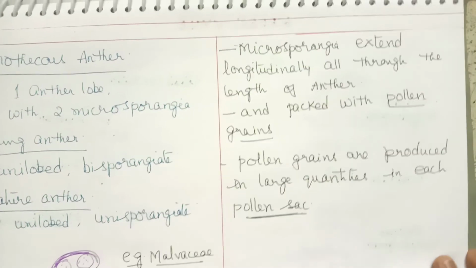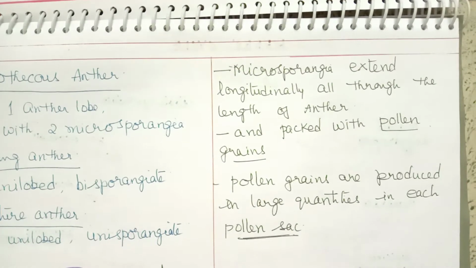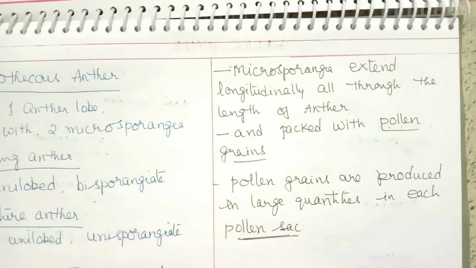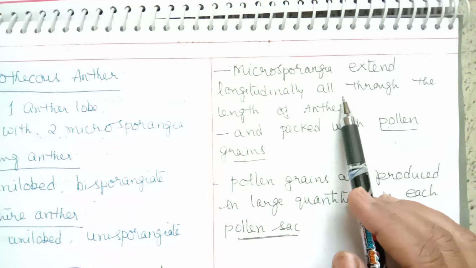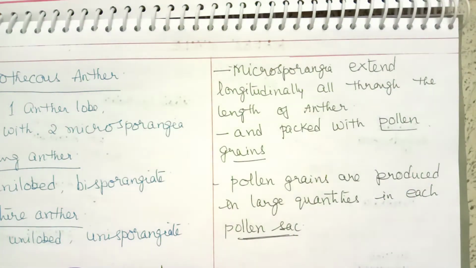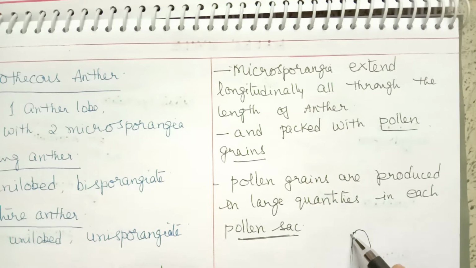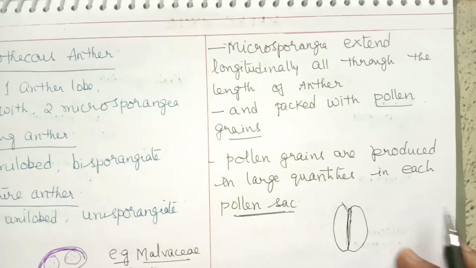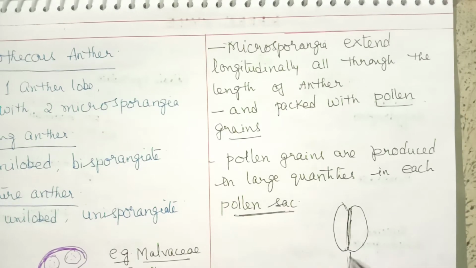Now, how are these microsporangia present? Microsporangia or pollen sacs in any anther lobe are present longitudinally all through the length of the anther. Suppose we find an anther lobe on this side, and similarly on the other side we find another anther lobe connected by a connective, and this is a stalk.